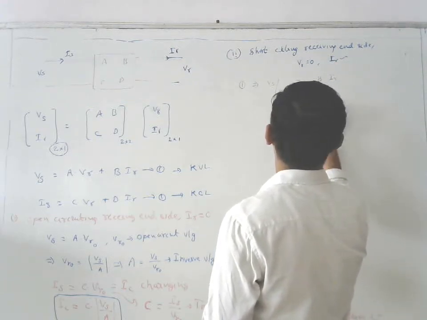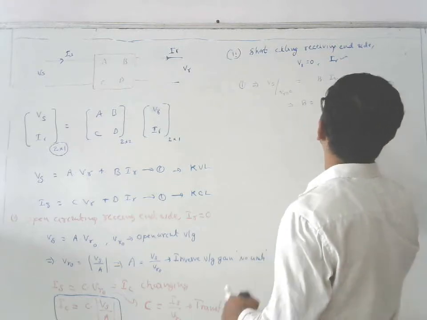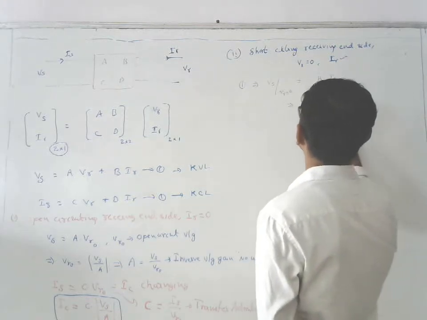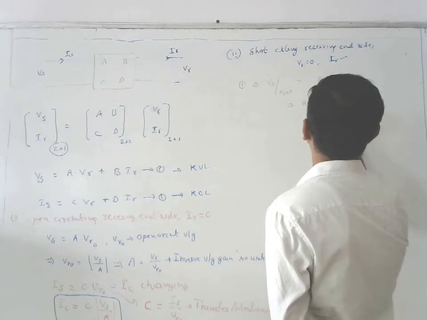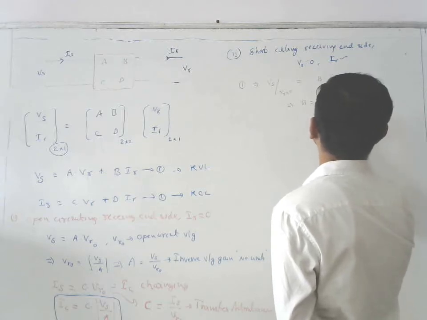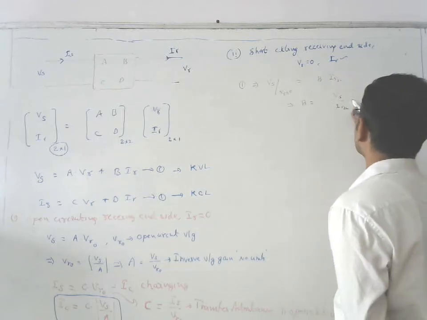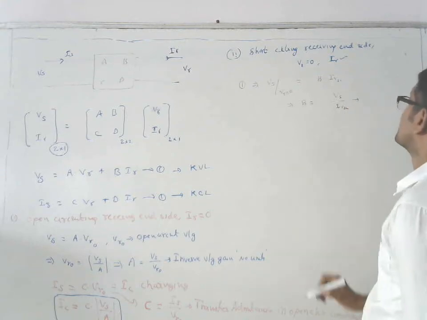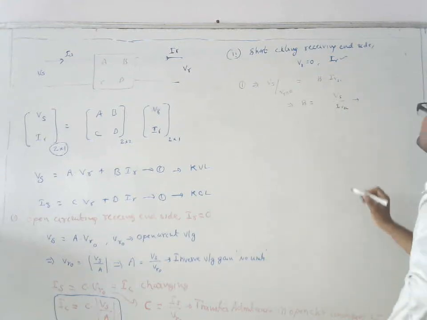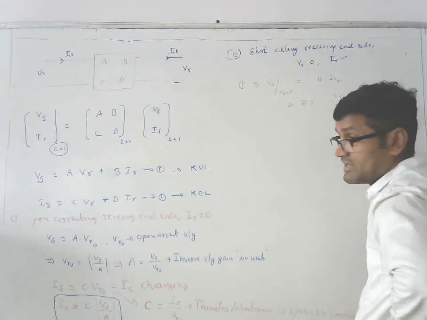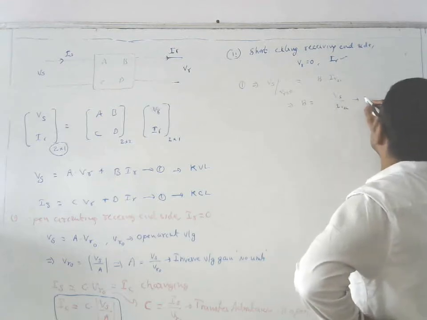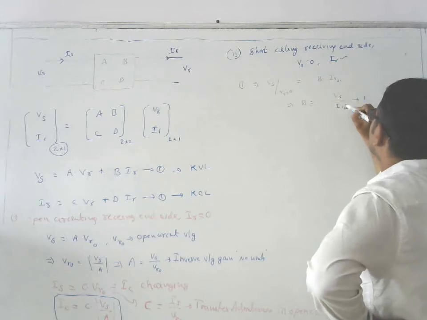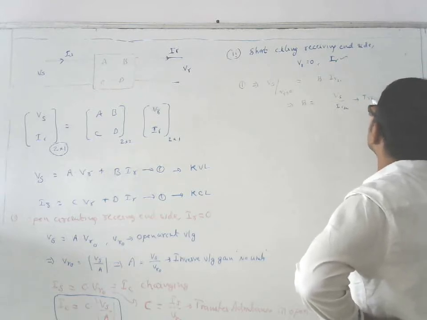So B is equal to Vs divided by ISC, the receiving end short circuit current. This is the ratio of voltage to current, which is impedance. It is called the transfer impedance, because we are considering input voltage and output current.